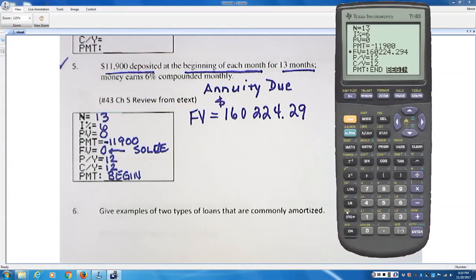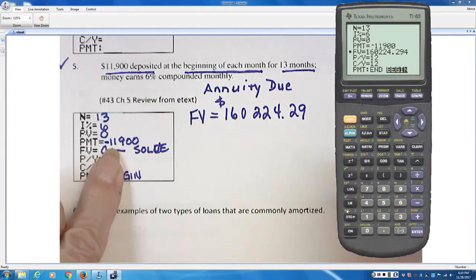But if it were to ask you for the interest, and I think you're actually asking me, how do you find the interest on that? Well, to figure out how much of that was interest, you take your $11,900 and put that in at the beginning of 13 months.